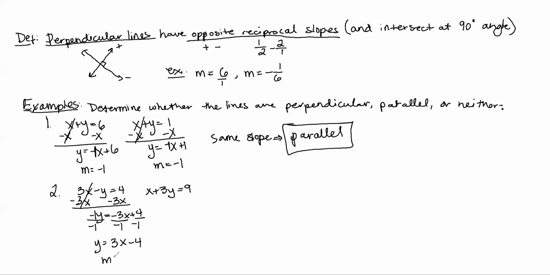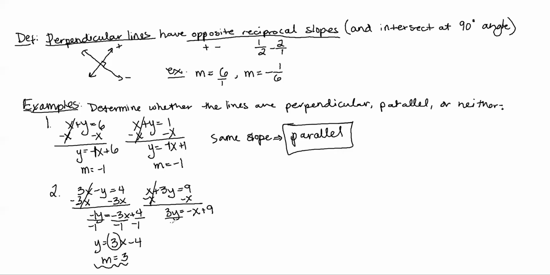And so our slope for this first equation is 3. In our second equation, let's subtract x. So we get 3y equals negative x plus 9. This plus or minus here just depends on the sign of the number.